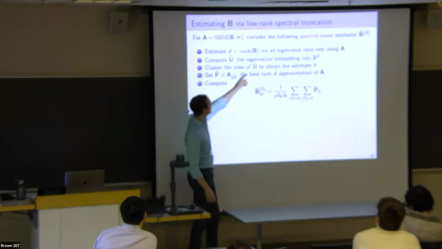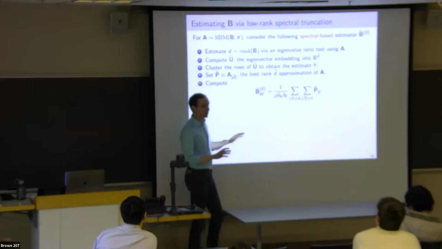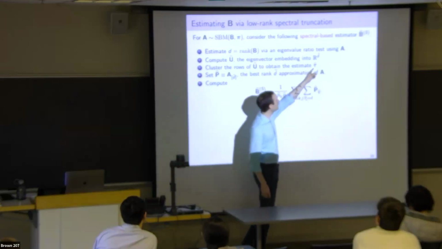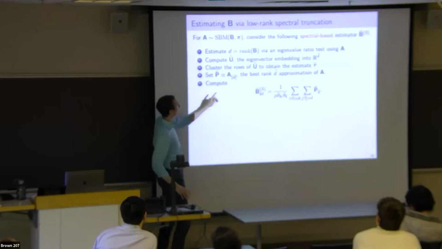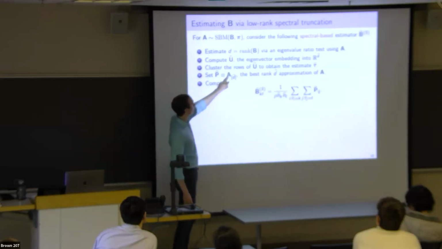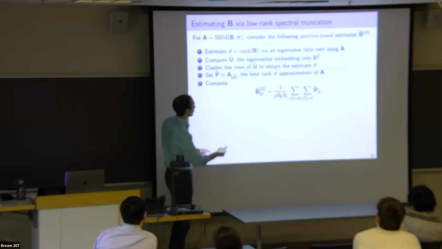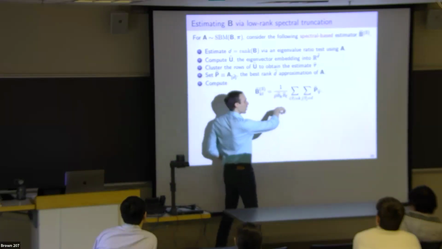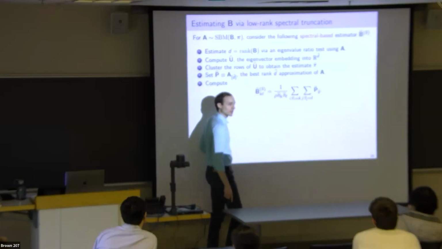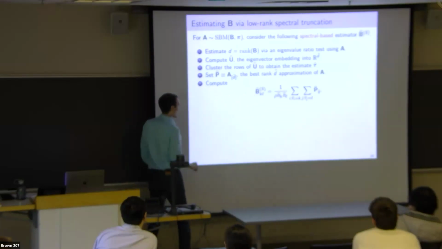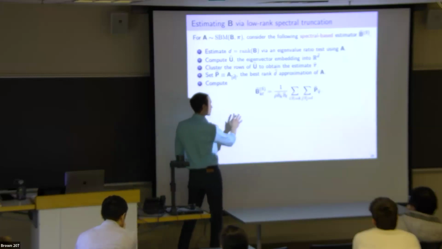We're going to cluster U hat, just like we've been talking about, to get estimated memberships. And then we're going to go back to the truncated eigendecomposition of A, and we're going to form our estimator just by averaging over all elements in the blocks given to us by the estimated cluster. Right? So we have our adjacency matrix, we have its low rank truncation.